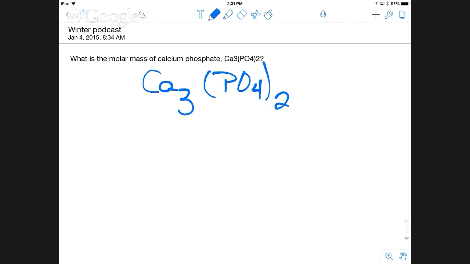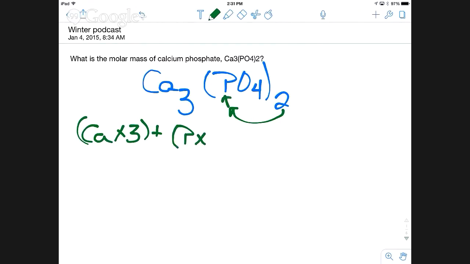If I think my way through it, it's going to be the mass of Ca times 3, because there's 3 of them. And then I'm going to add that to, well, there's 2 PO4s, which means there's 2 P's. So the mass of phosphorus times 2 plus the mass of oxygen. Now this one's a little tricky because it's 2 times 4, so it'd be 8, right?